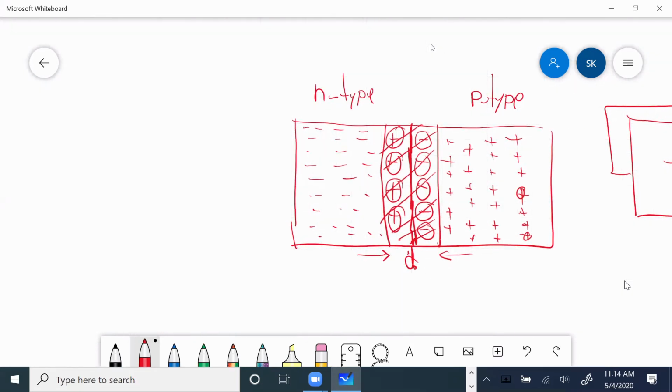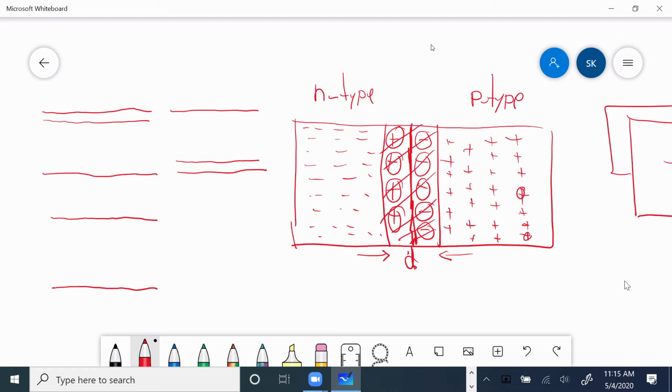Now, let's draw the energy band diagram of this. That was N-type, and that was P-type. When we connect these together, what happens? We obviously connect them together. That means they just go exactly like this.